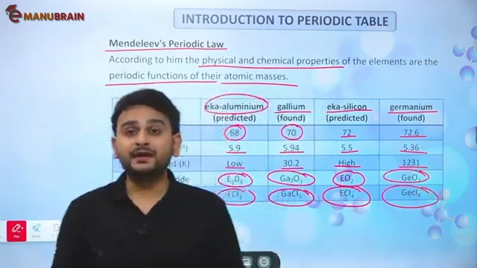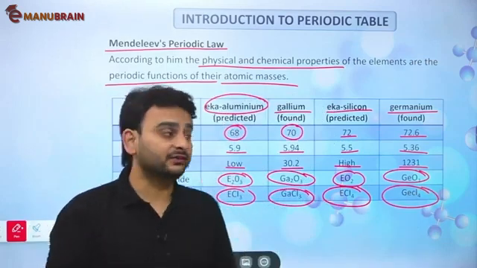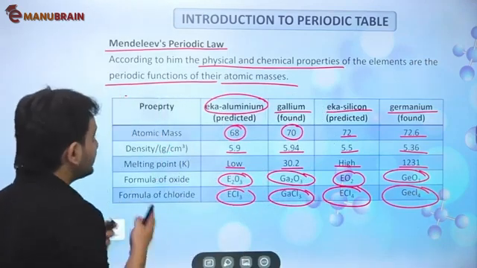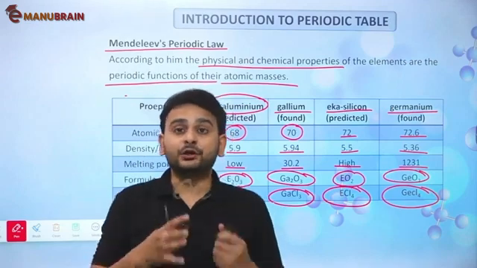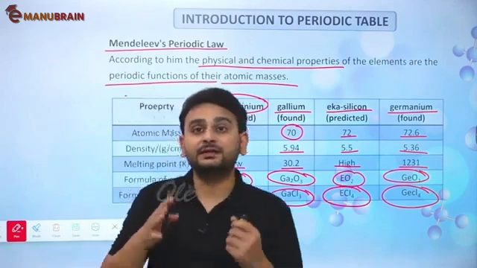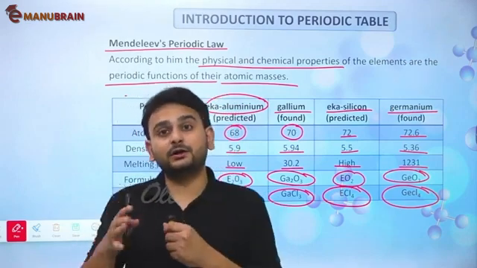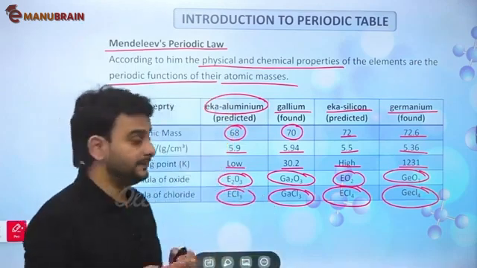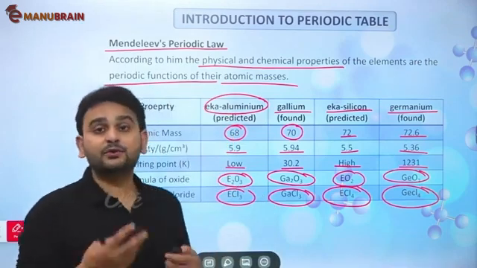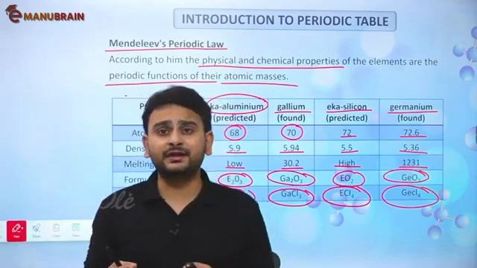So he made a major leap, Mendeleev. He arranged elements in order of atomic masses, and this periodicity of properties according to atomic mass was followed for a long time, before Moseley came and tested things out.